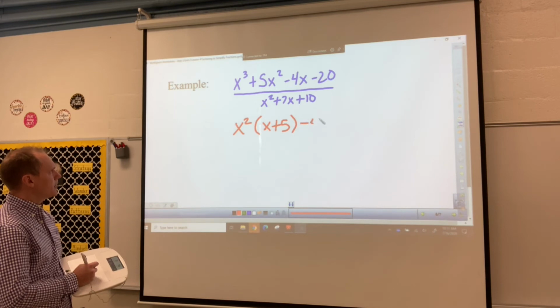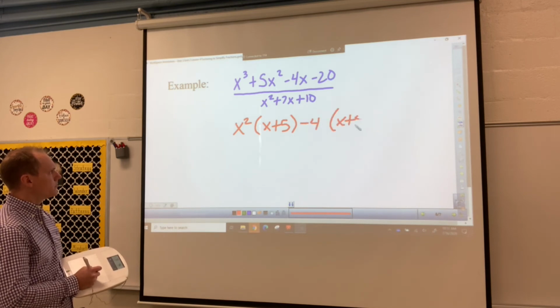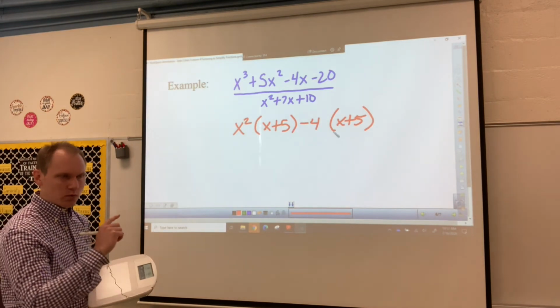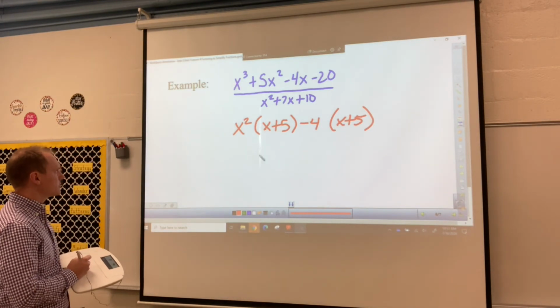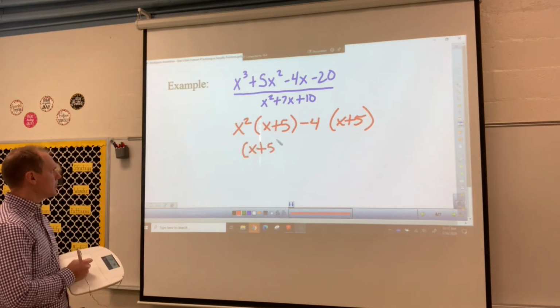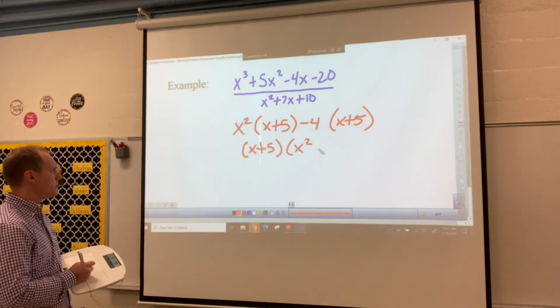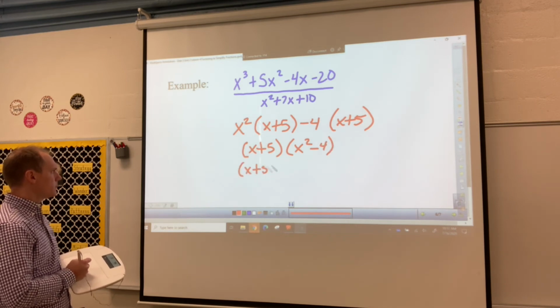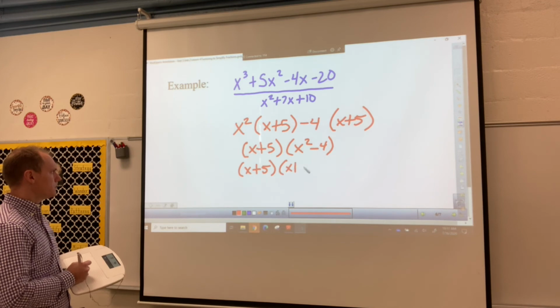We can also take out a -4, leaving us with x plus 5. I'm just going to focus on the numerator for right now. We'll factor it, and then we'll come back to the fraction itself. So we can take out an x plus 5 from the entire expression, leaving us with x squared minus 4, which then further factors into x plus 5 times x plus 2 times x minus 2.